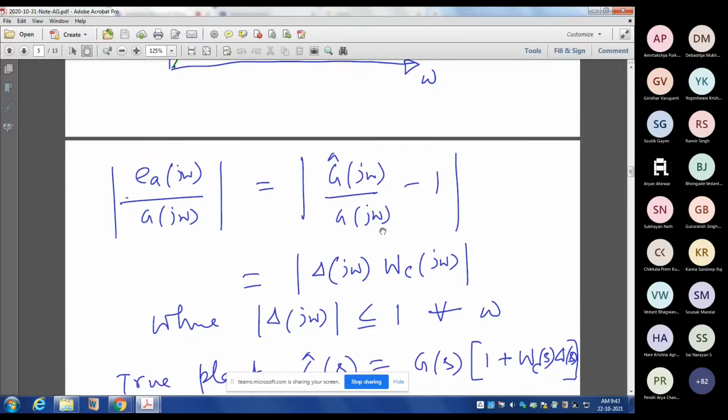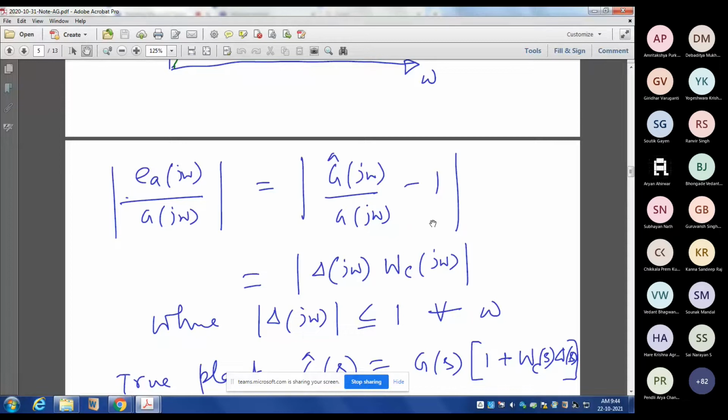And what is G hat j omega? G hat j omega is the actual plant, where you do not neglect any dynamics. So G hat s is the transfer function of the true plant, our actual plant.